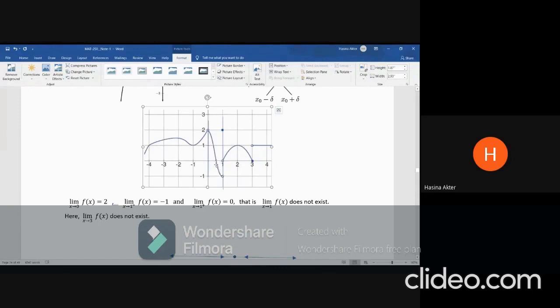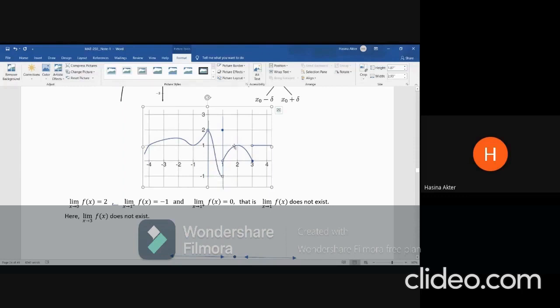But if we take the inputs for these points to continue this, to make this a continuous line, you have infinitely many x values on this portion of the graph. So if you pick those x values, then the y values are approaching -1, but it doesn't take the value -1.